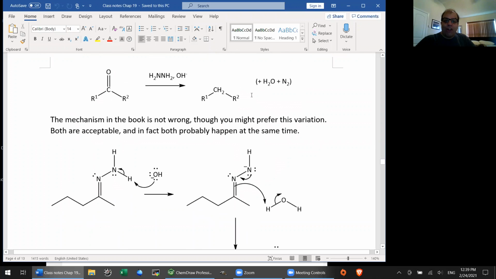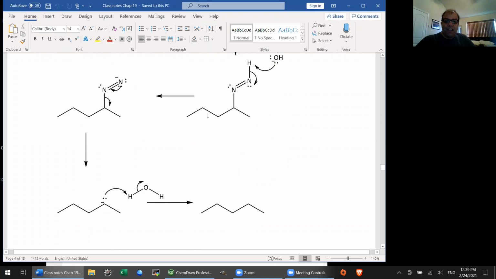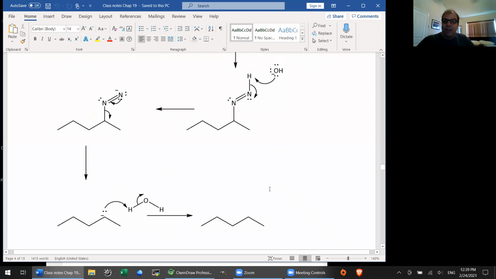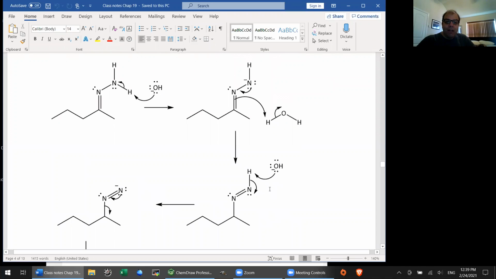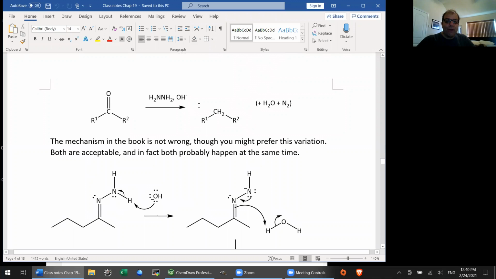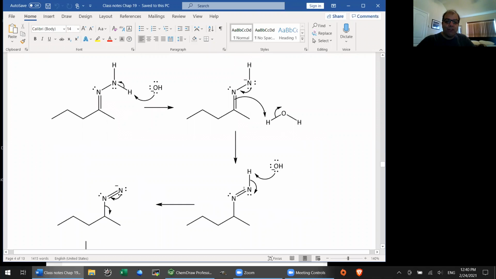By the way, this is all already in your class notes. I hope you don't mind my just using the class notes since it's already all written down. We lose a carbanion as a leaving group, which is bizarre, but since we're forming nitrogen gas, it's good enough. And that will, of course, very quickly pick up a proton from water, which is present, and you get your alkane. I really also should have written OH minus and H2O, because that's also present.